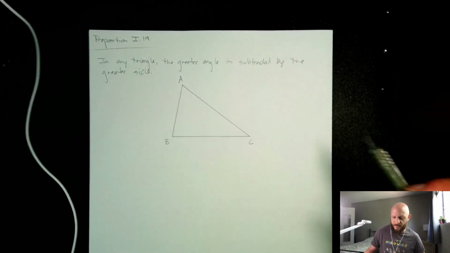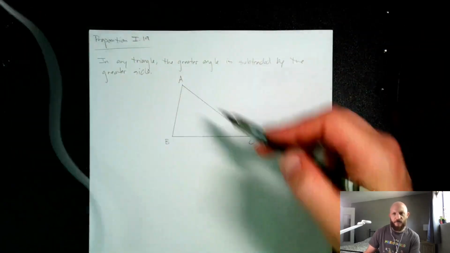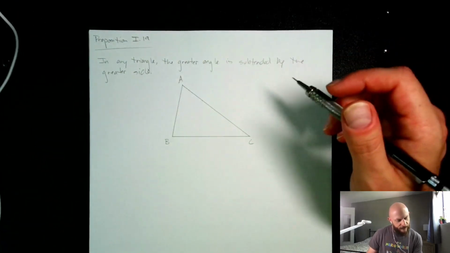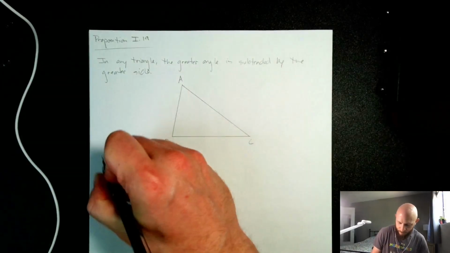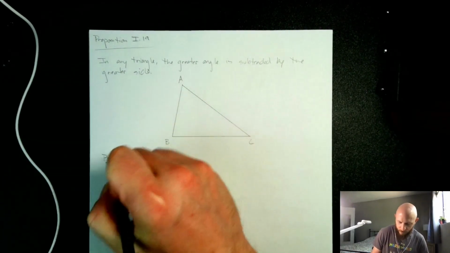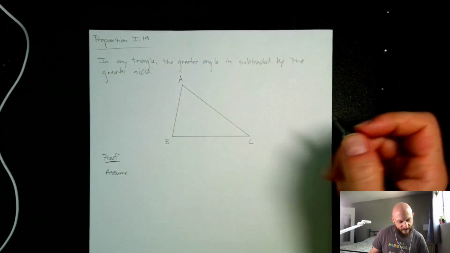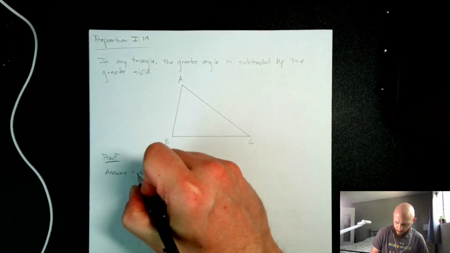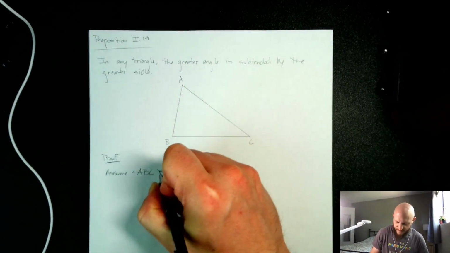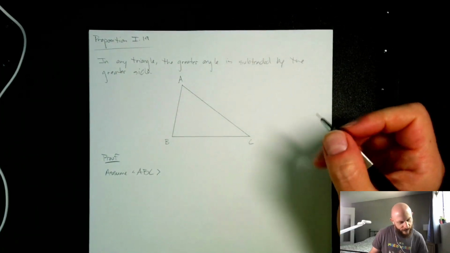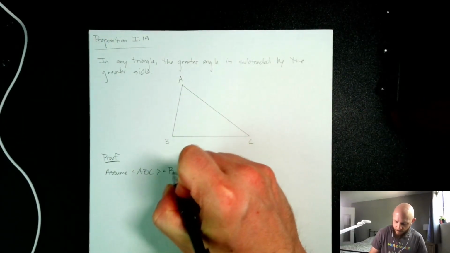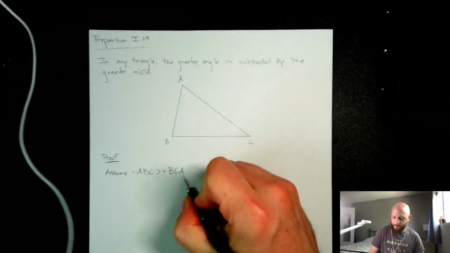Right, so we say consider any triangle ABC and assume that angle ABC is greater than angle BCA.